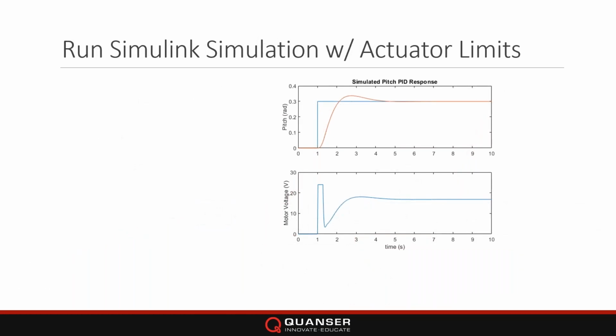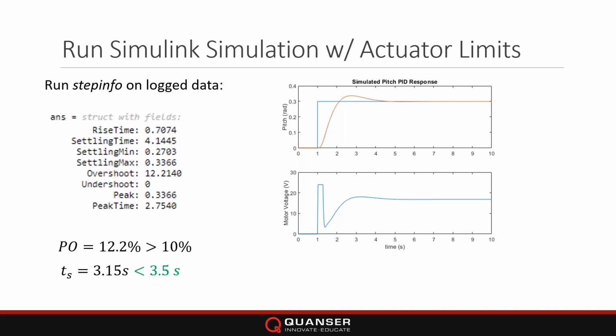So we're using the logging capabilities of the Simulink scopes to log all of those, and we plot that in a MATLAB figure. And this is the response here. And if we use step info on the log data, then we're looking at an overshoot of 12.2% and a settling time of 3.15 seconds. So actually the overshoot decreased a bit from 13 to 12.